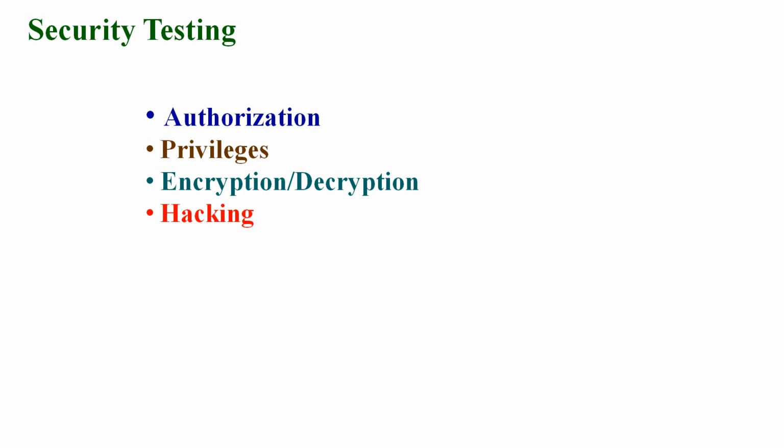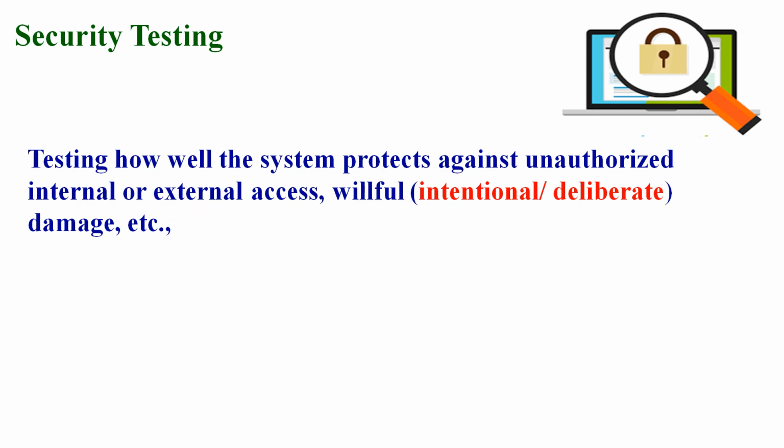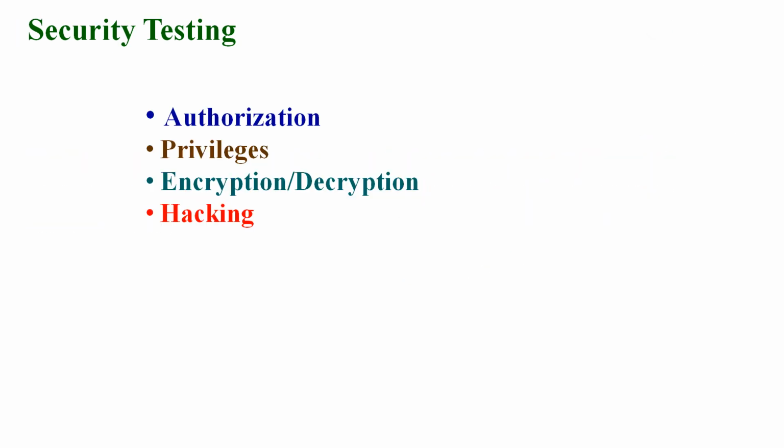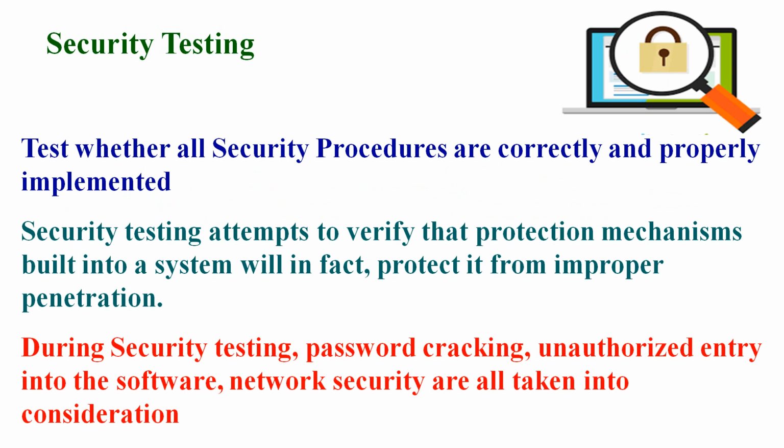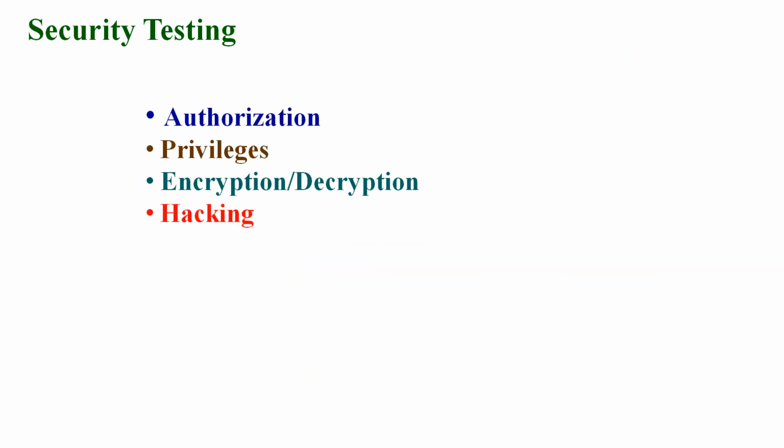And hacking. You might have come across so many issues with hackers. So the application should be designed to prevent them. For example, if you take any financial or banking application, it should be designed in such a way that it is able to protect against hacking issues.